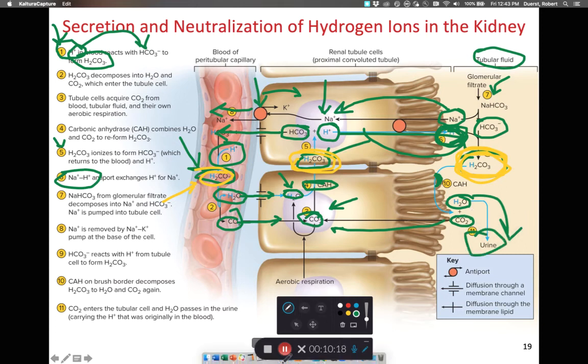And as that water passes with the urine, that water will carry that initial hydrogen ion with it, which was in the bloodstream. Because as we look at this sodium bicarbonate up here, there's only one hydrogen in this sodium bicarbonate.